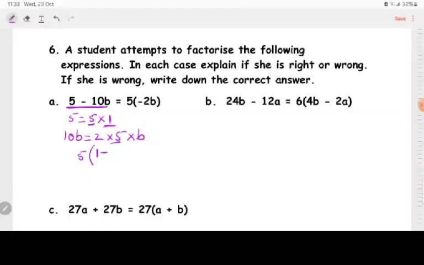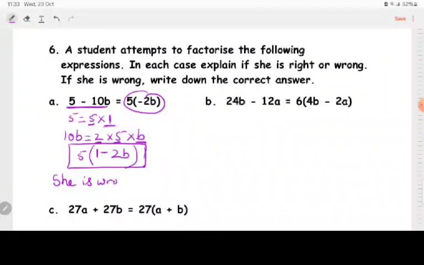We pick up the minus sign from the question and we have 2B. So that's how it should look. Is this correct, children? No. So she is wrong. Got it, children?